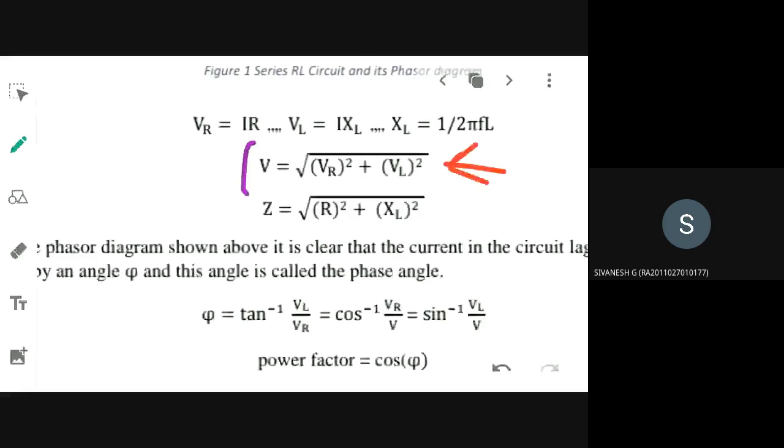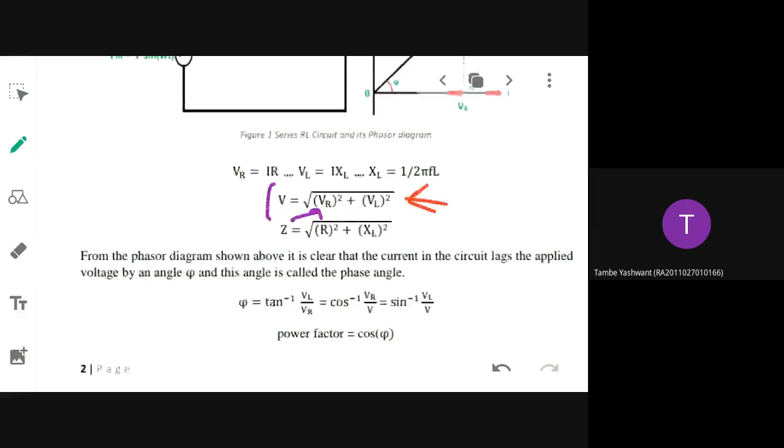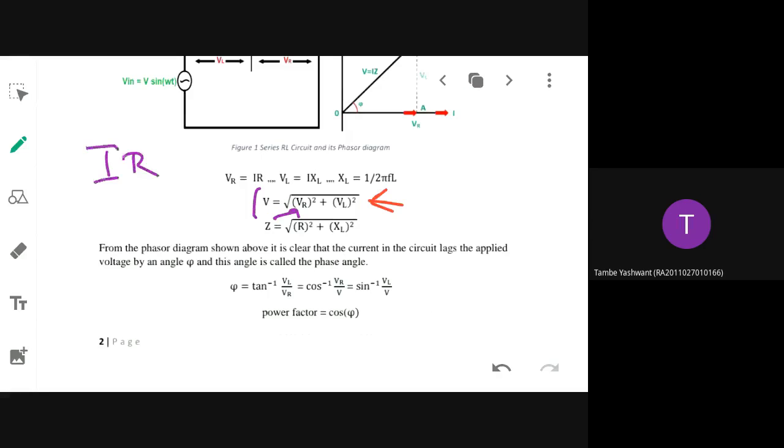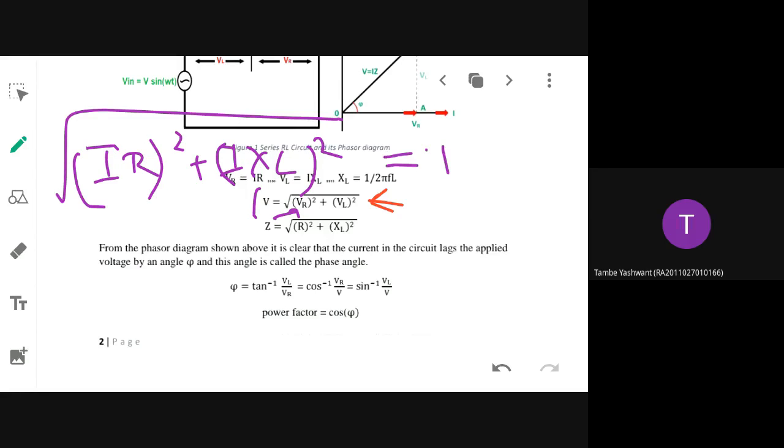Now how can I write VR and how can I write VL? VR is I into R, and VL is I into XL. So the square root of (I into R) squared plus (I into XL) squared is equivalent to I into Z. What is the common parameter?